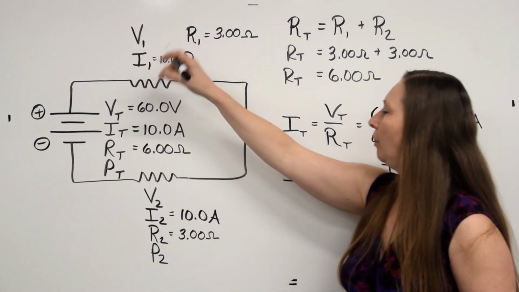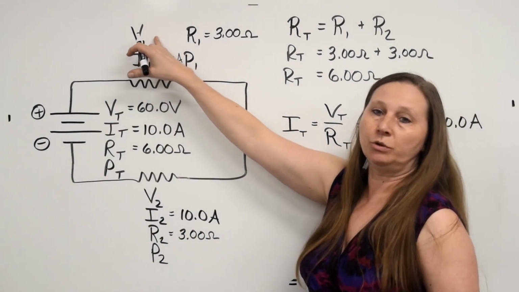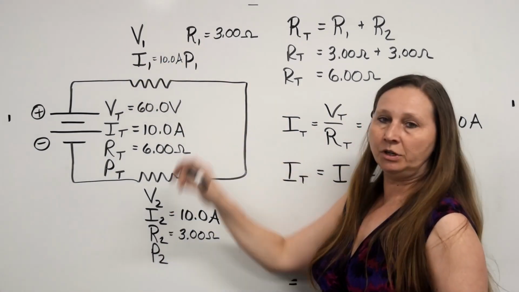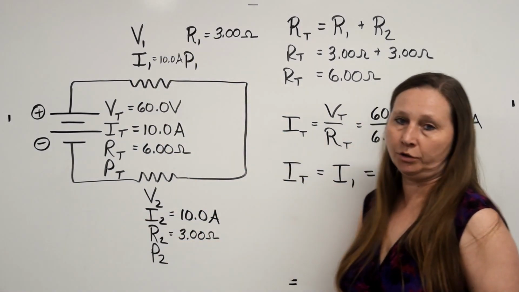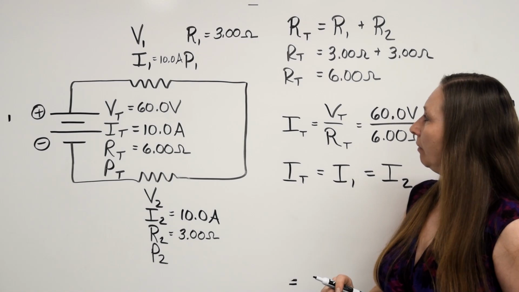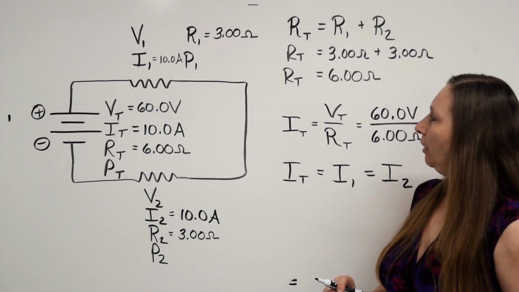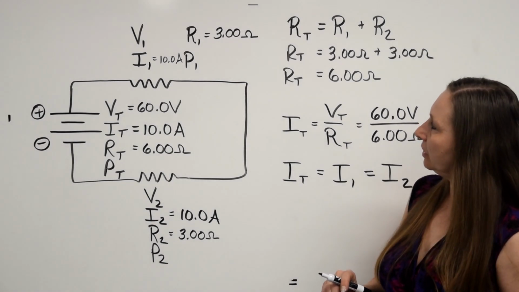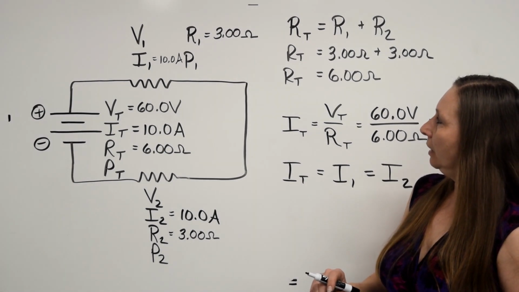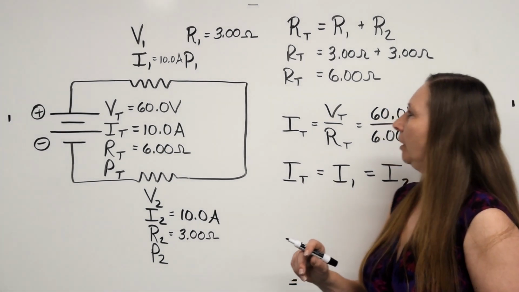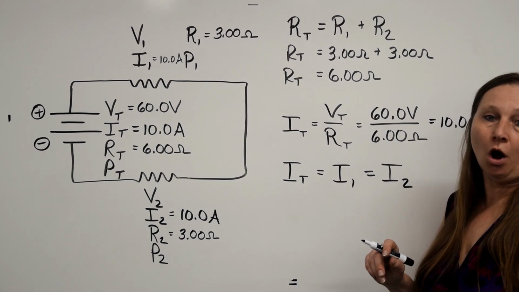We're not going to do the power, but the last thing we need to do is the voltage for each resistor. We don't know V1 or V2 yet. Let's use Ohm's Law.